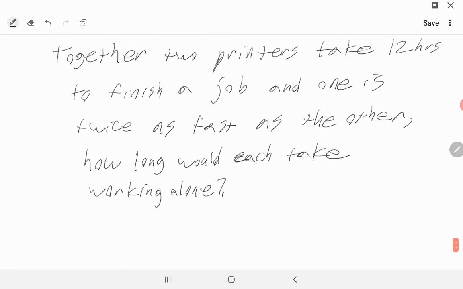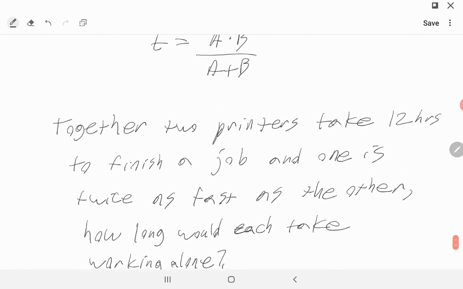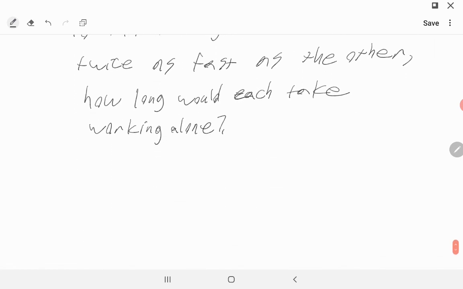And so we have to be a little more fussy with this. We notice that we can set it up using this shortcut. We can say A equals twice B to see that A takes twice as long.